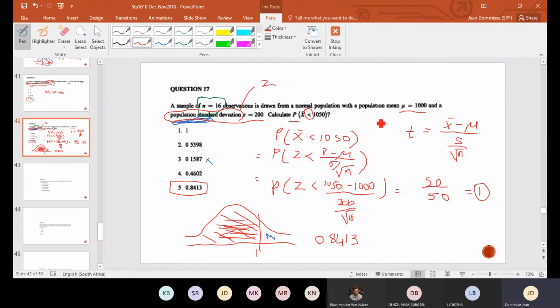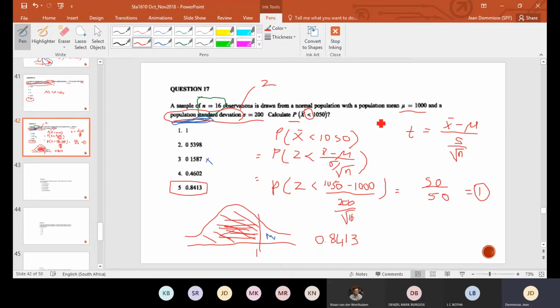Just check in one of the textbooks, maybe because sometimes there's a difference in the n, that it's n minus 1 instead of n. So please, if somebody has a textbook, check if there's not a different formula in the textbook.